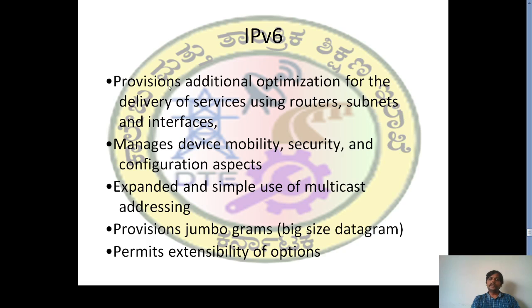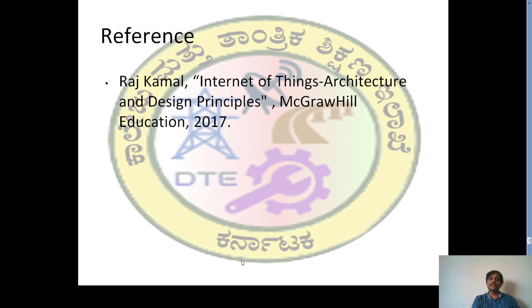It also provides additional provisions for optimization of delivery of services using routers, subnets and interfaces, and it also manages device mobility, security and configuration aspects, and expanded and simple use of multicast addressing provisions. Jumbograms, big size datagrams, we can use, and it permits extensibility of options.